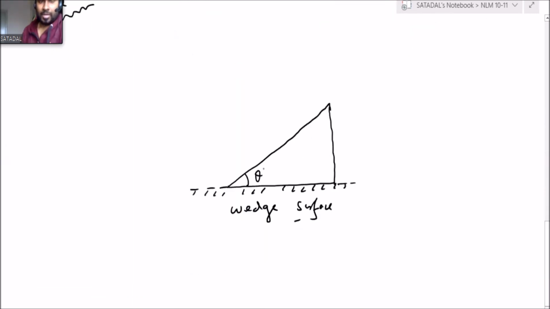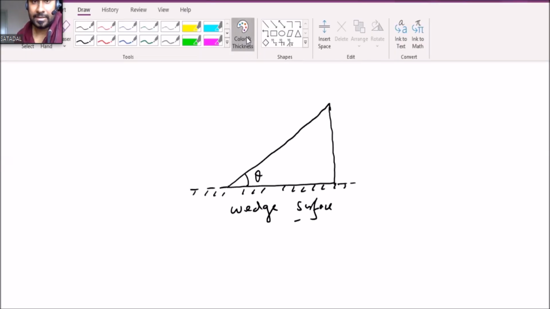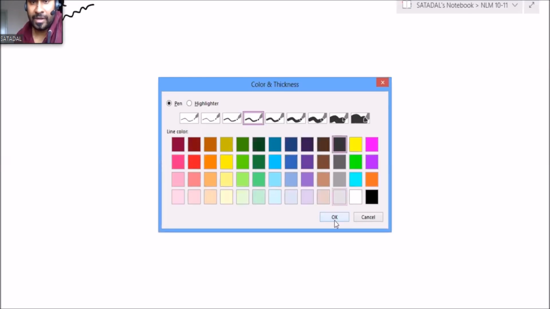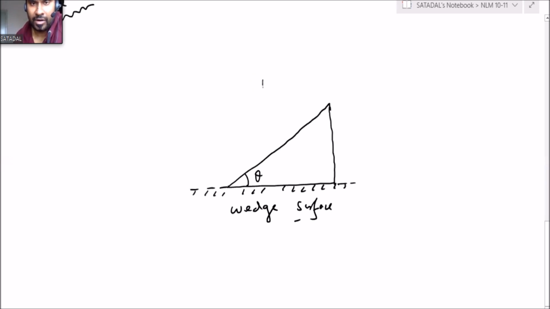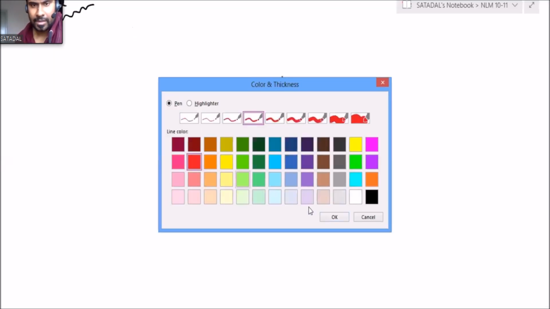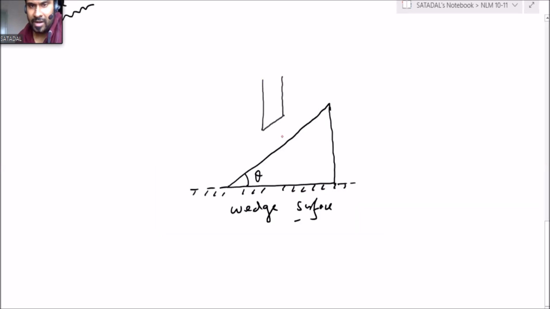Right. So now you try to understand that there will be normal reaction acting between the rod and the wedge surface. Okay, so I will be showing them with different colors. So let us say the normal direction acting on the wedge surface is in that direction, perpendicular to the surface in contact.